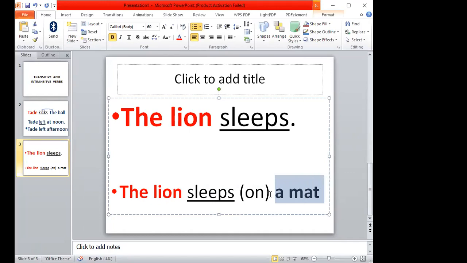But because I have another word class in between, it is not giving this particular verb a direct interaction on the noun. So because of this particular word class, it is leaving this verb as an intransitive verb.